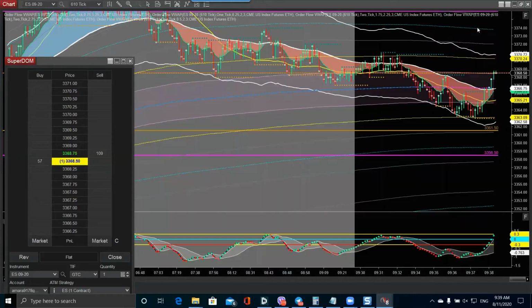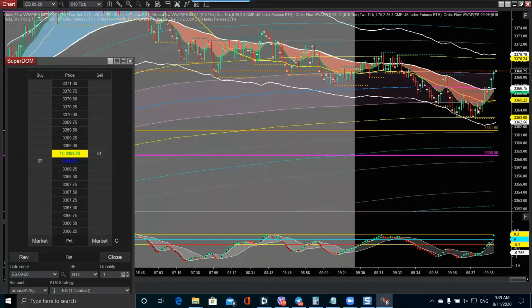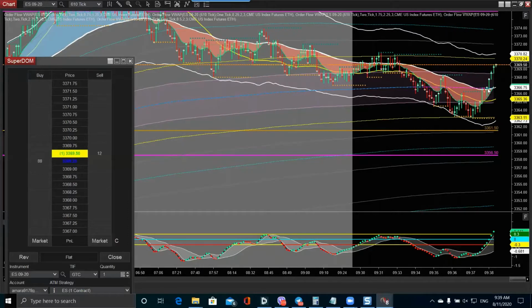Okay, so this is where we're going now. We're getting a change in momentum here. Again, it's bouncing off the VWAP. We are now approaching the +1 deviation up here, and we're forming a new move.